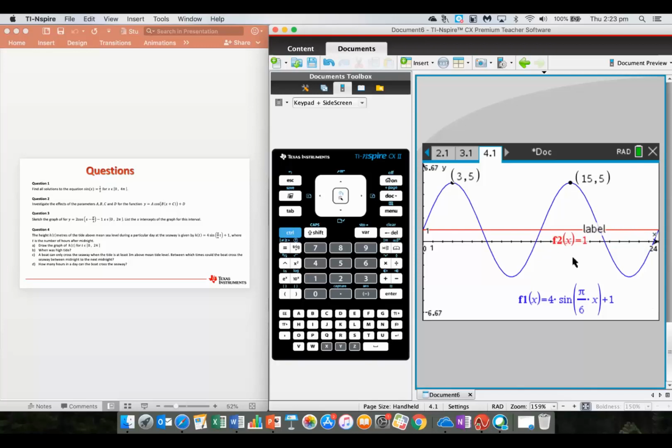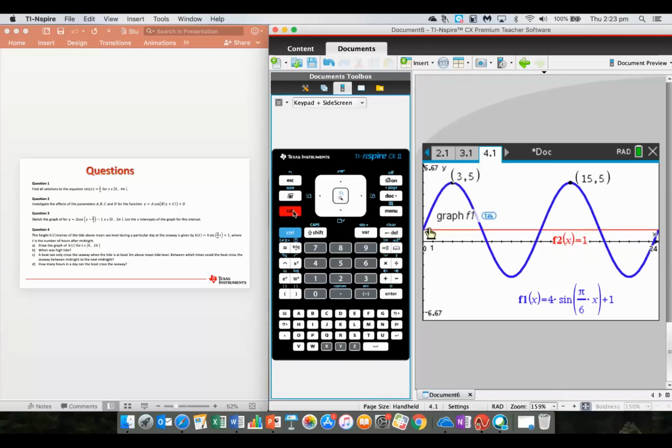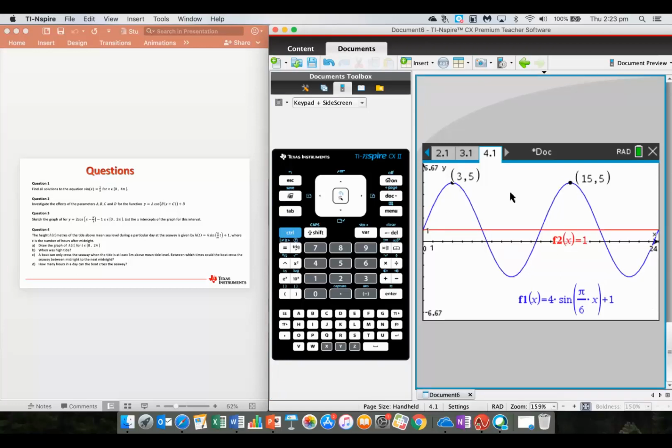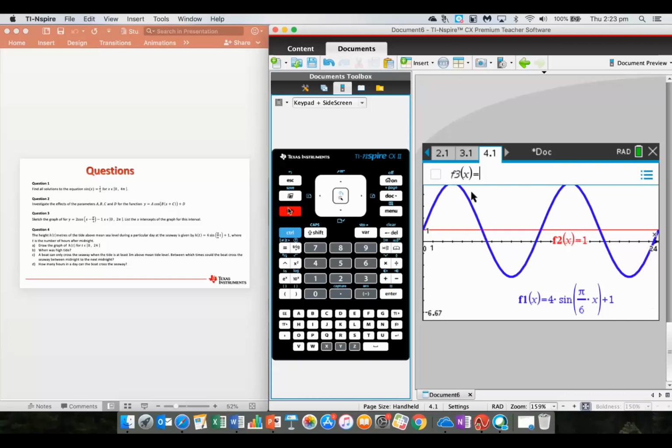If I'm looking for 3 meters above mean tide, it means that I'm really looking for, let's put in another graph here. I'll get out of there, tab. 3 meters above the mean tide. If the mean tide is 1, 3 meters above that is 4 meters. So I'm really looking for where these two graphs, the black graph and the blue graph, intersect.